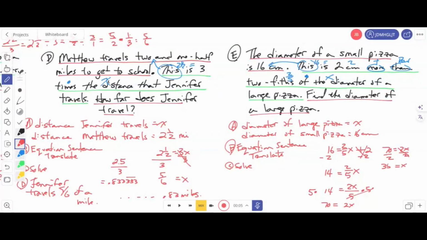X is 35. Now we answer the question. The diameter of the large pizza is 35 centimeters.